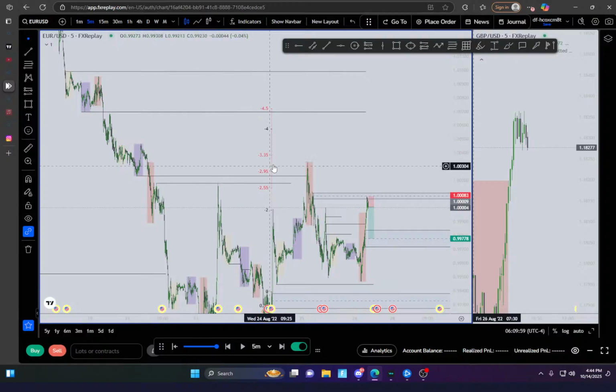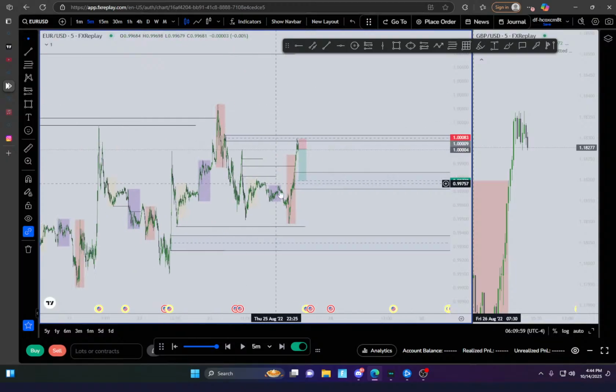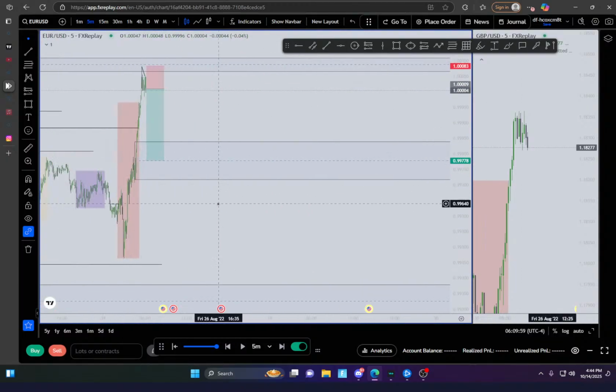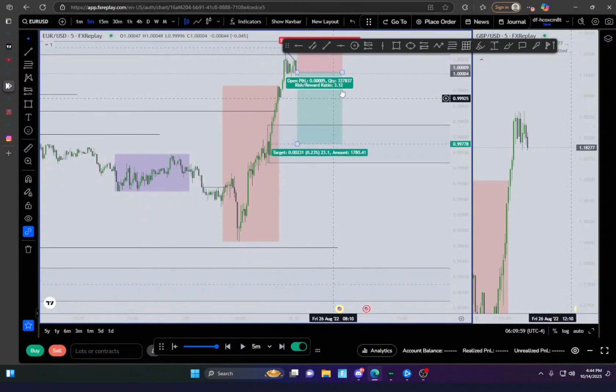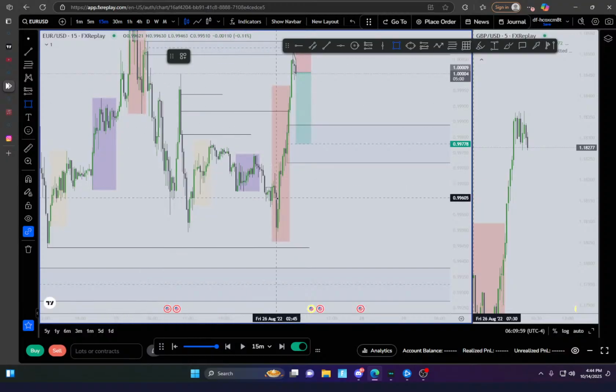Why would we be seeking? Wow. Alright, so that's where the fib would come in handy. So we always sell to buy. 15 minutes, sell to buy. Sold off to buy.